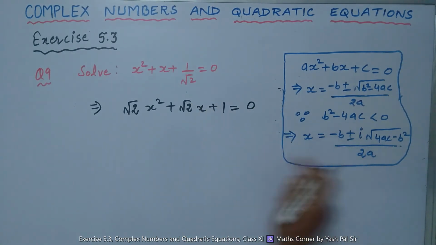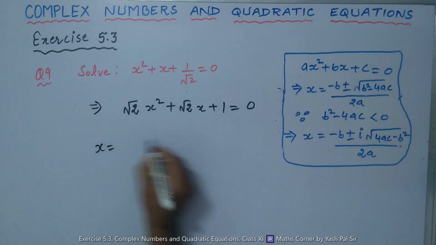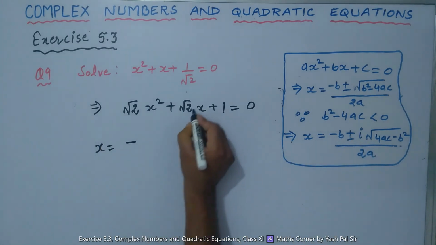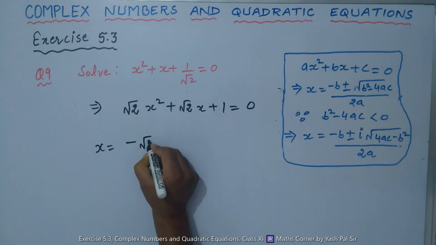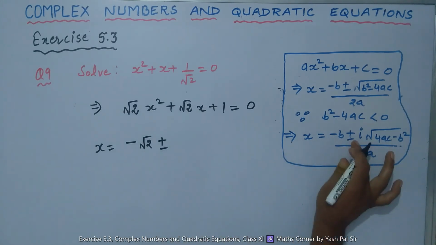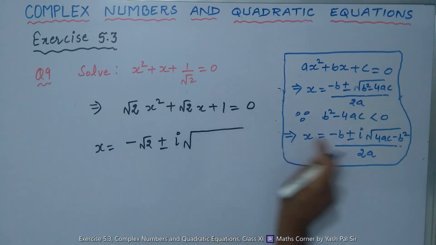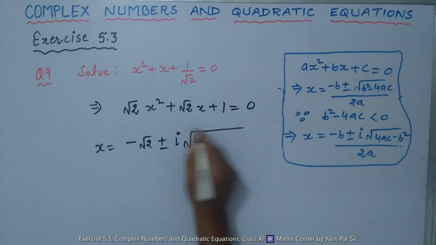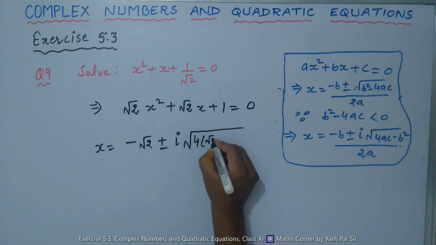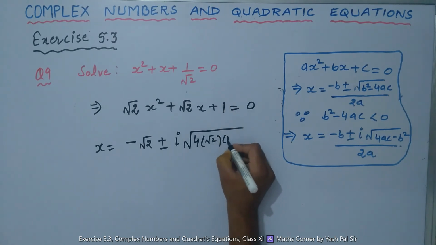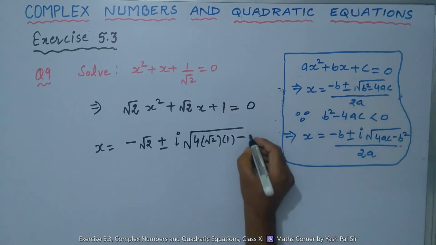Now we follow this rule. X is equal to minus b. What is b? This is square root of 2, plus minus iota square root of, what is 4ac? 4. A is square root 2, c is 1, minus b square.